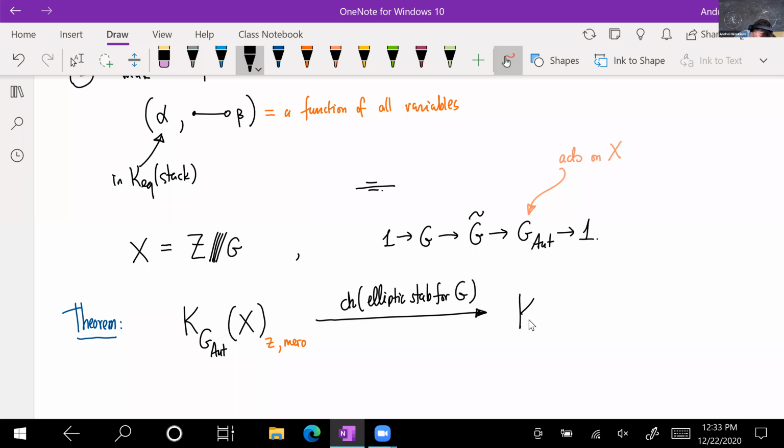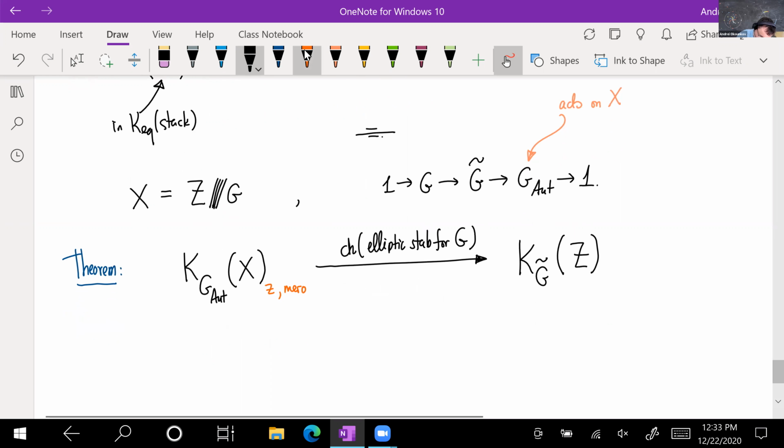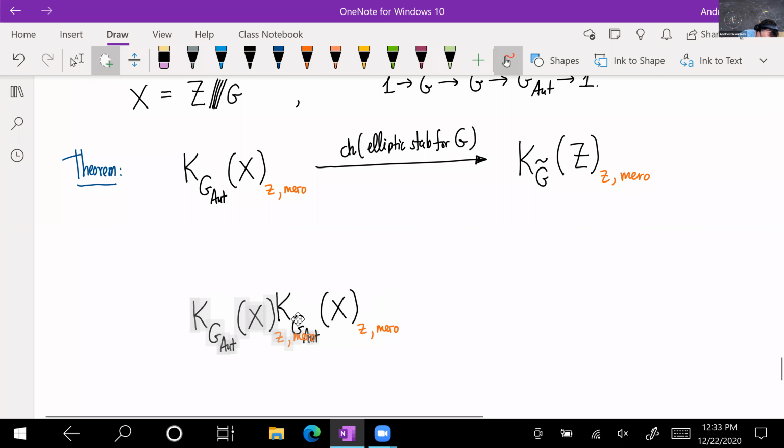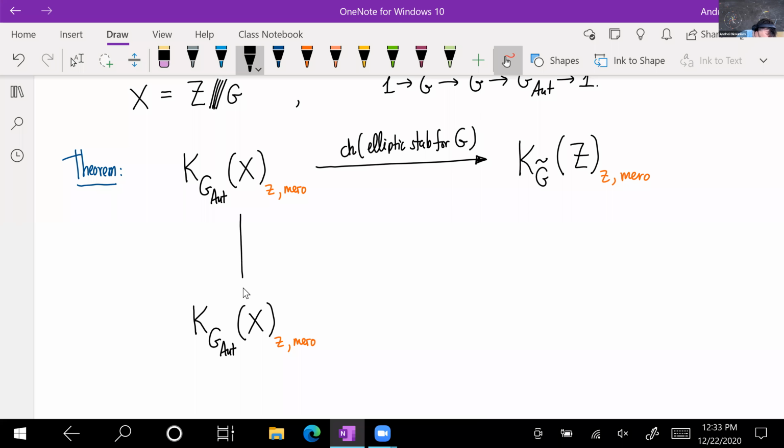And then I go to the stack. So this goes to the G-equivariant K-theory of the stack. Right? Similarly, with Z and meromorphic, here I use some multiplication by gamma classes, which I'll explain in a second.